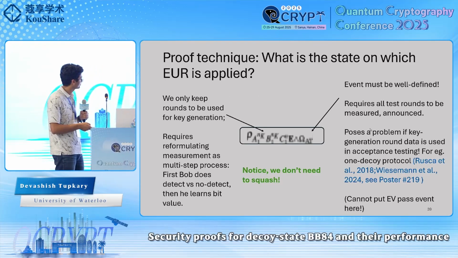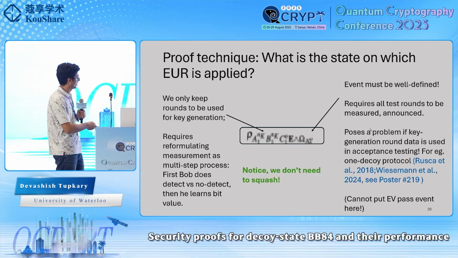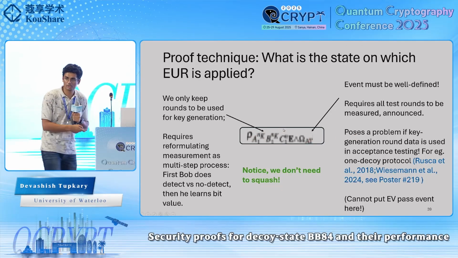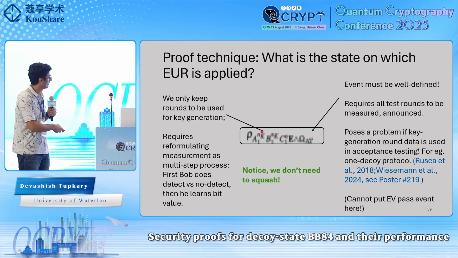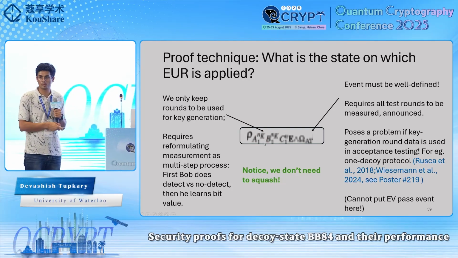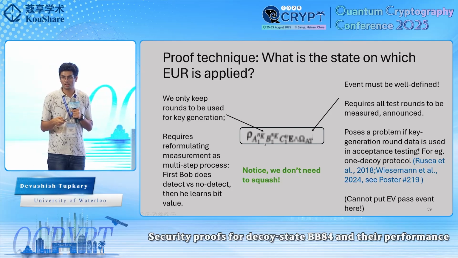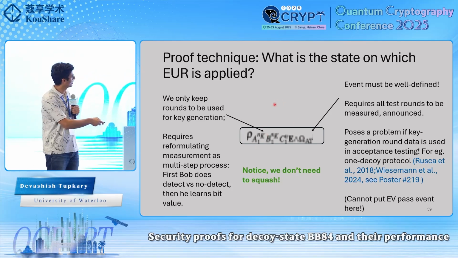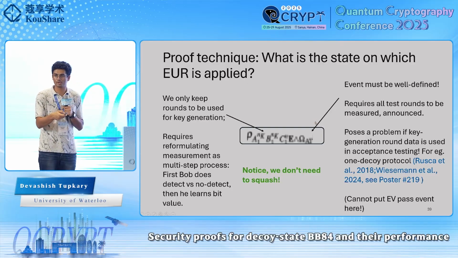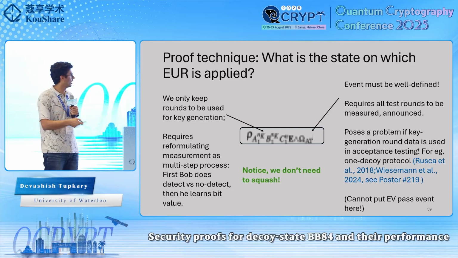So, okay, we have this state, and because we want to apply entropic uncertainty relations, we don't want to measure the rounds that we want to use for key generation. So the Alice and Bob here are still quantum, but we know that these are exactly the rounds that we are going to use to generate the key.